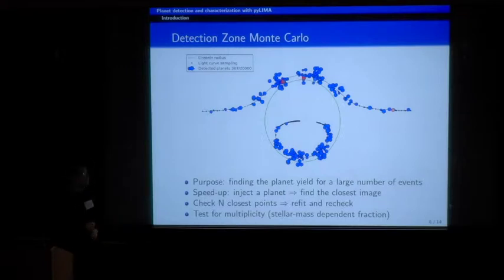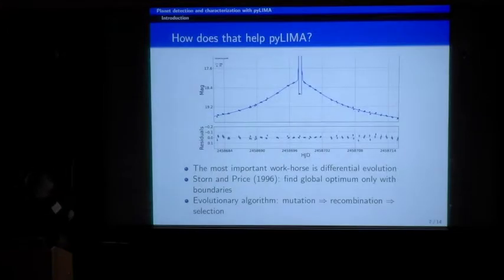If that's the case, then we do the refit and analysis, where PyLIMA is so helpful because it enables you to decide if it's there or if it's not. Especially for large data sets such as WFIRST, you just want to inject a couple of those in a large, well-sampled data set to get an idea what's going on. And that should make an assessment of the sensitivity for large data sets viable. So how does that help PyLIMA? This might be the question here.